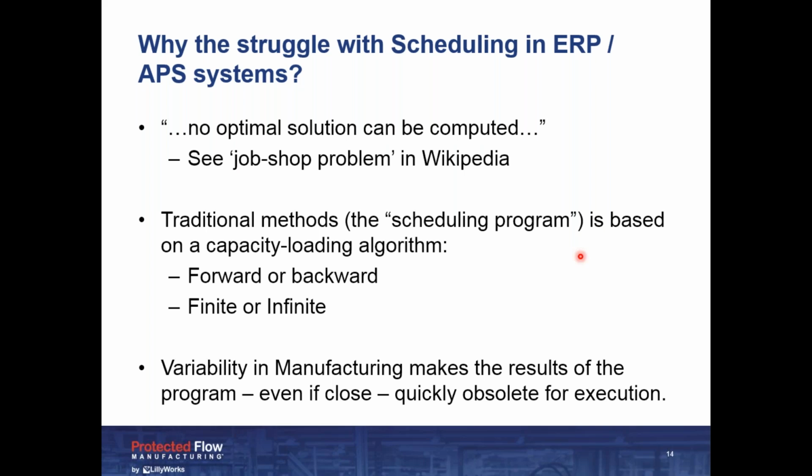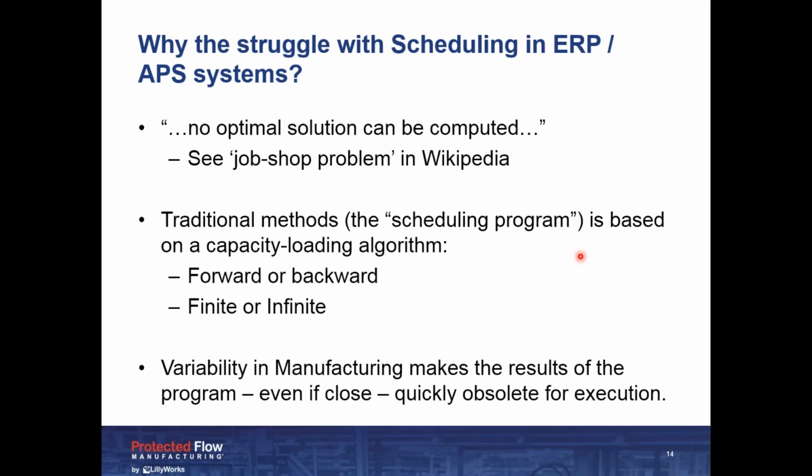The job shop scheduling problem simply says that it is so complex that there really is no computer that's going to give you an optimal solution to your scheduling problem. And that's kind of what we've been led to expect from our ERP solutions.